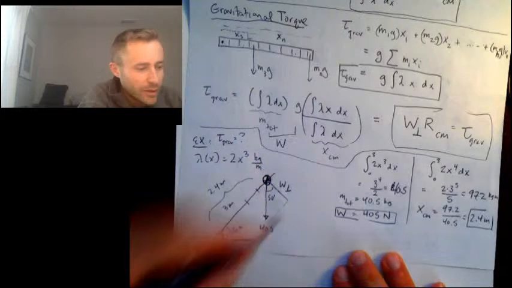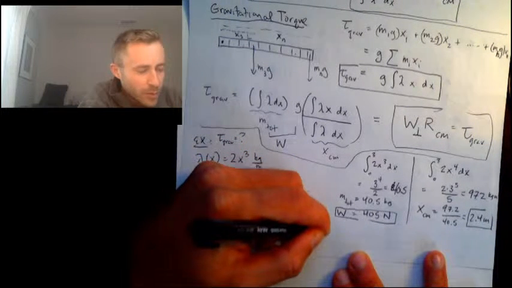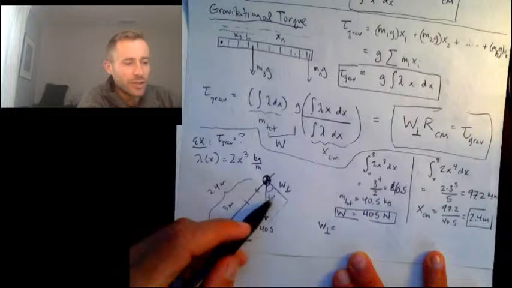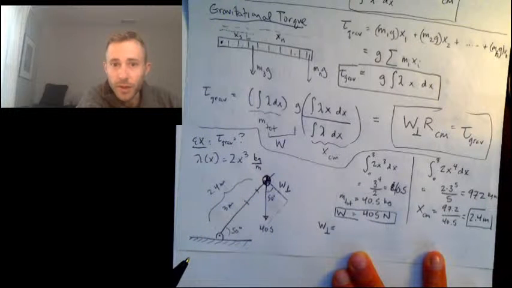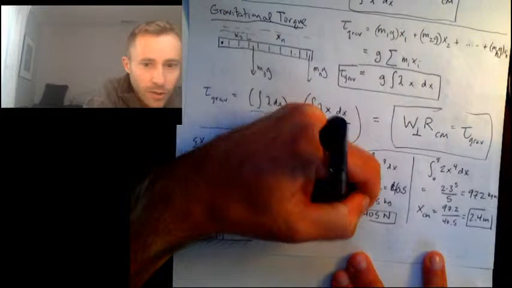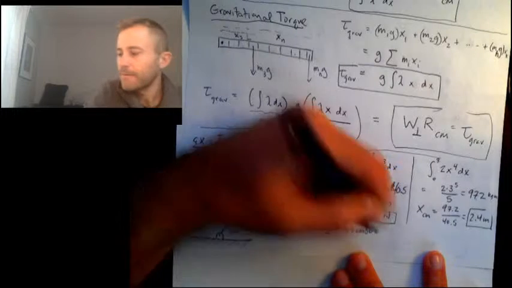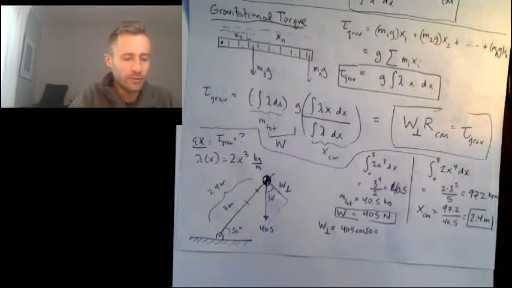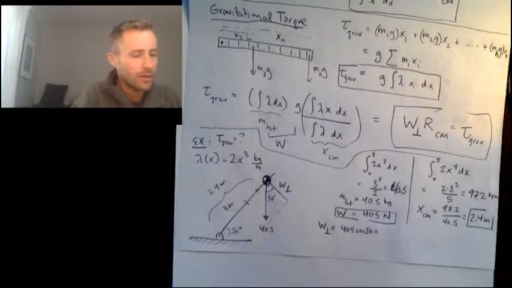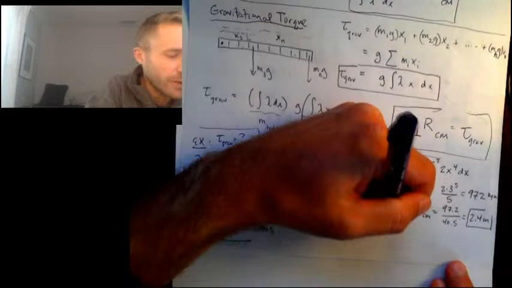Weight perpendicular is adjacent to the angle, so it's cosine. We have 405 cosine of 50, which is 260.3 newtons.